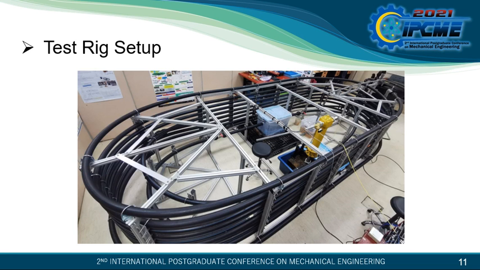This is the laboratory scale test rig for the leak detection experiment. It consists of 160 meters of medium density polyethylene pipe, a high pressure pump, a fire hydrant as the point of analysis, a solenoid valve, and a pressure sensor attached to the fire hydrant cap.